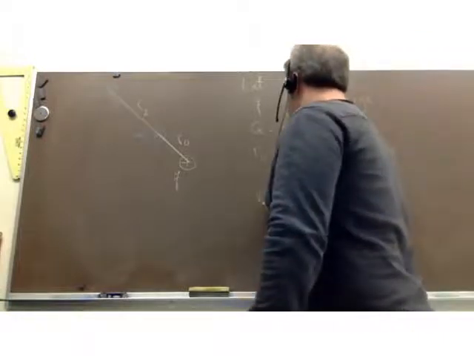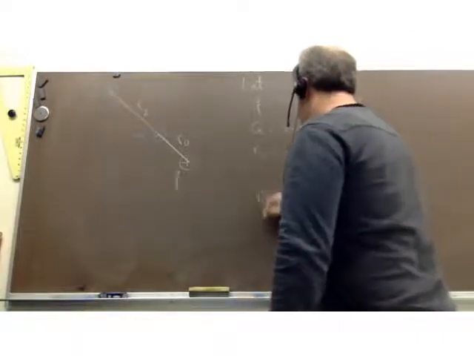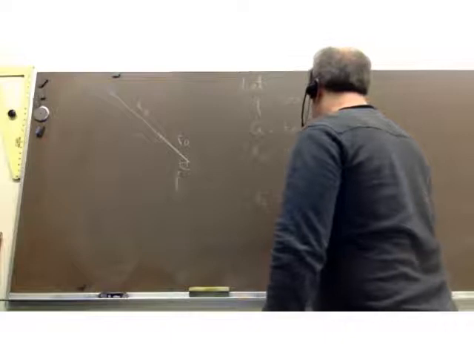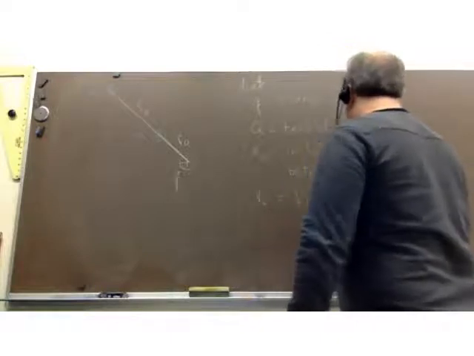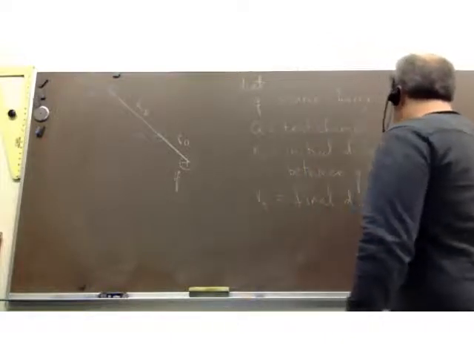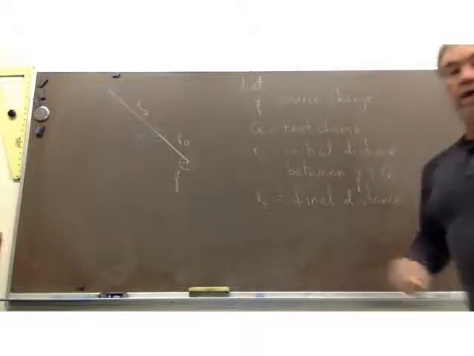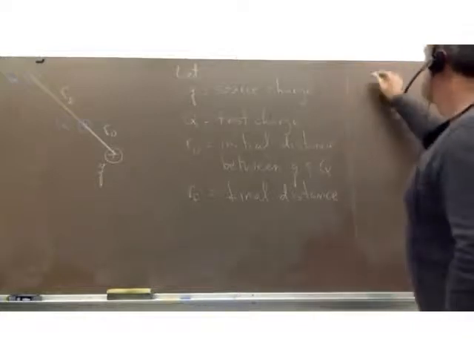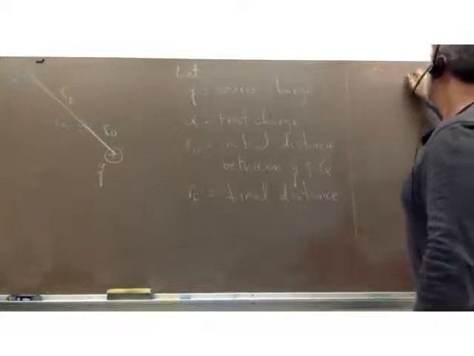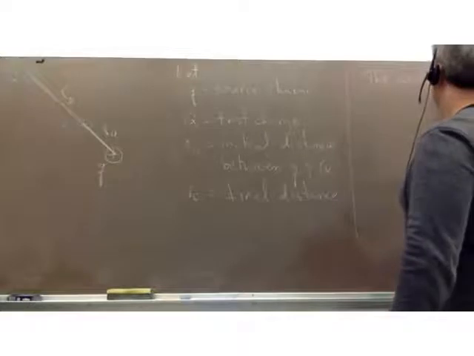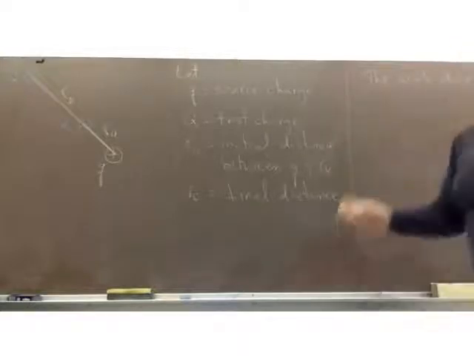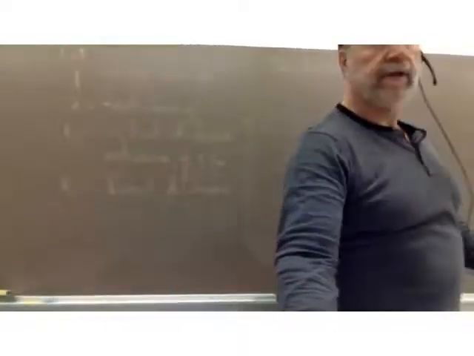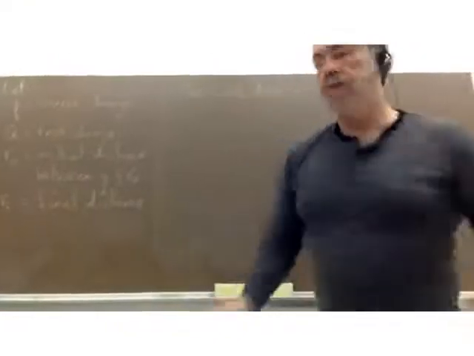R final, R sub F, is the final distance between them. Okay. With all that defined, we can now calculate, to start off with, the work done.